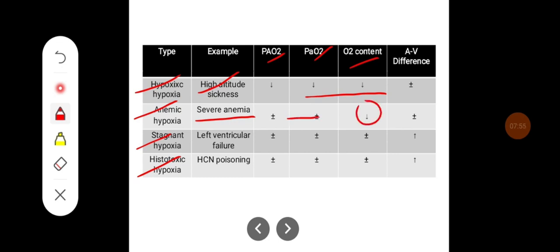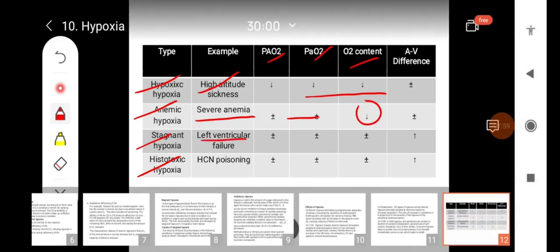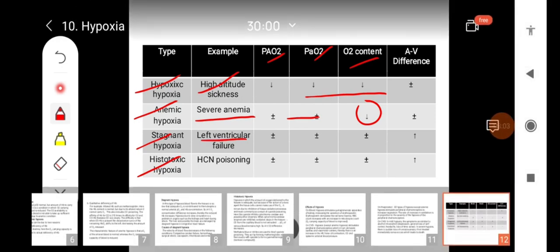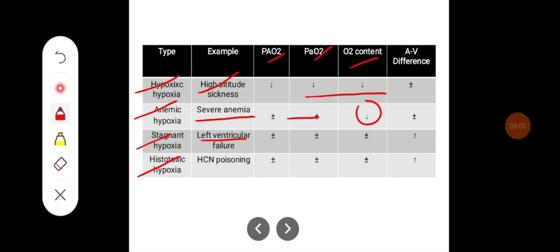In stagnant hypoxia, the cause is left ventricular failure. Here, the alveolar and arterial PO2 and oxygen content are normal, but the arteriovenous difference tremendously increases. Whereas in histotoxic hypoxia, where the cause is cyanide poisoning, the alveolar and arterial oxygen content may be normal, but the oxygen is not utilized, so the arteriovenous difference decreases.